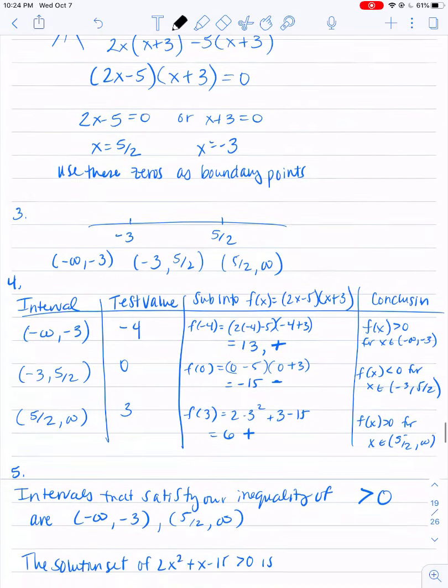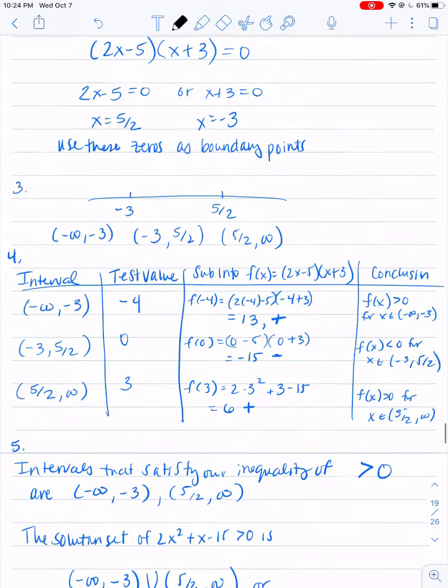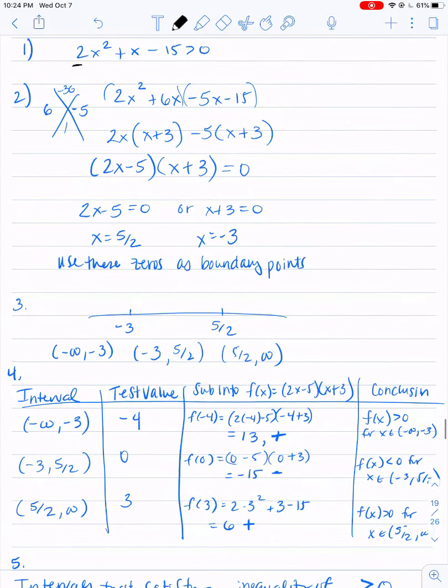So we use these zeros as our boundary points. This is kind of a different way than the first example to do intervals, but they both work, whichever one works for you. I'm doing the examples in different ways to see which one you guys prefer for finding intervals and doing your test values.